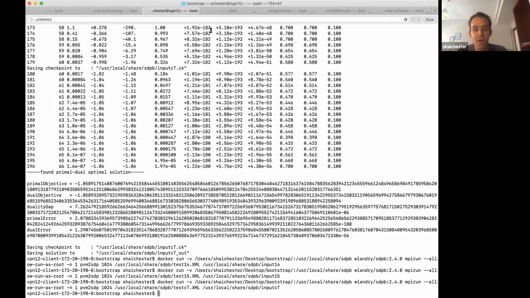Nothing so interesting. What is the point of first generating this XML and then transforming it to SDP? Why can't we just generate it directly? Well, I think it's just quicker this way. Mathematica is much slower than C++. In principle, you could have chosen Mathematica to write the input in exactly the way SDPB likes, but that could take a really long time, especially if you're doing some huge Bootstrap.